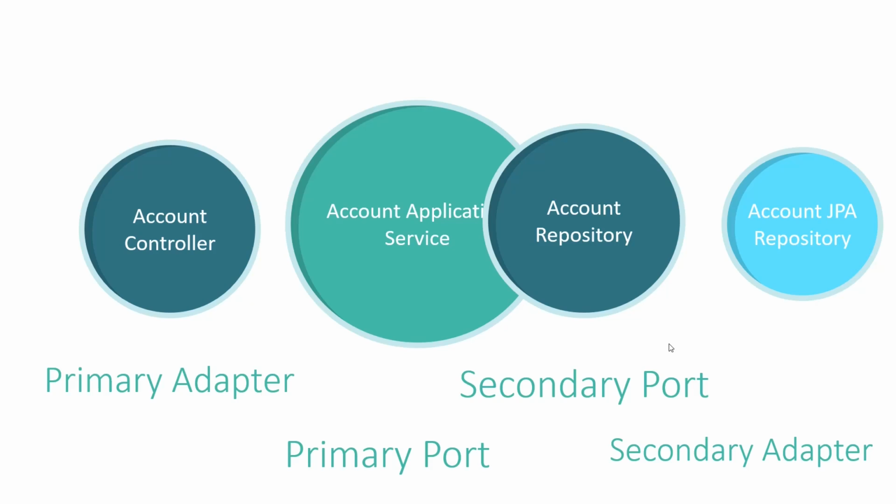On the other side, the secondary port is the account repository, which is injected into the account application service, and there is also an implementation for this secondary port, account repository, which is the account JPA repository.